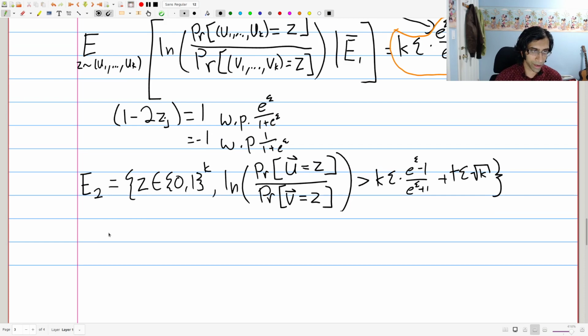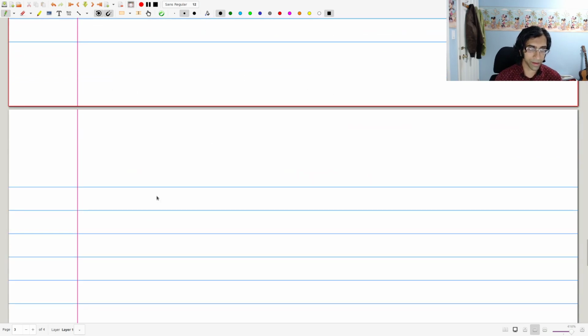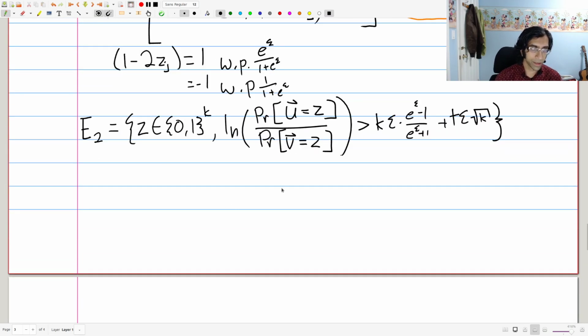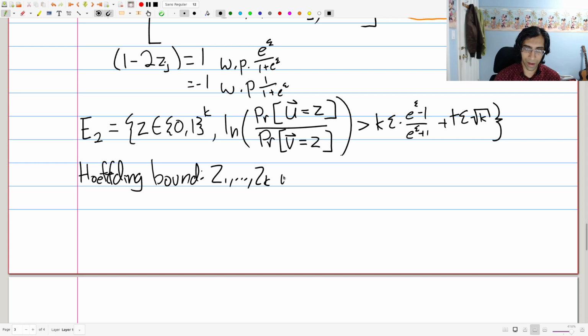Suppose, I guess we still have space on this page, so let me just say this is the Hoeffding bound. We're going to assume that we have Z1 through ZK, capital this time, that are independent and bounded.